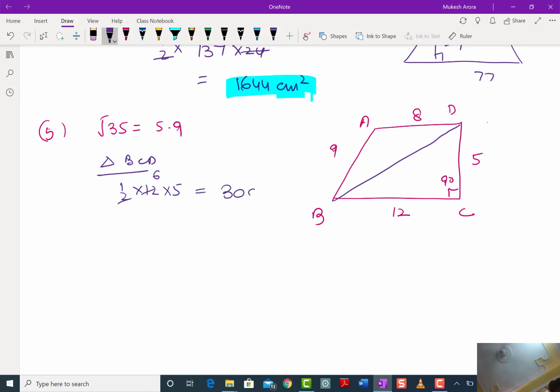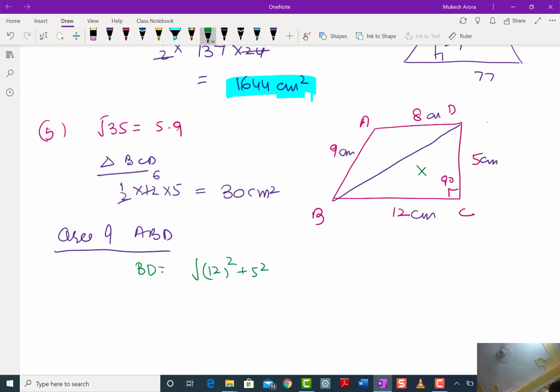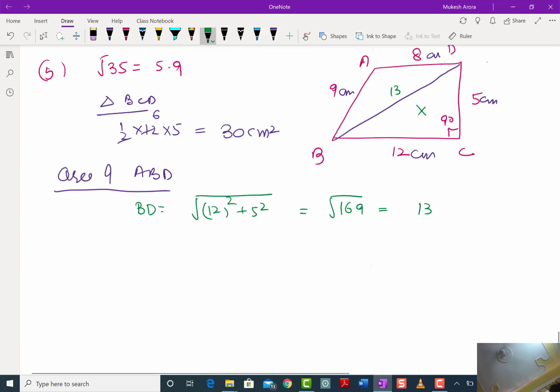It is 30 centimeter square. Now we have to find the area of triangle ABD, where two sides are given and the third is not given. But if you see, this triangle is a right angle triangle, so BD is equal to root of 12 square plus 5 square, under the root 169. So this comes to 13.